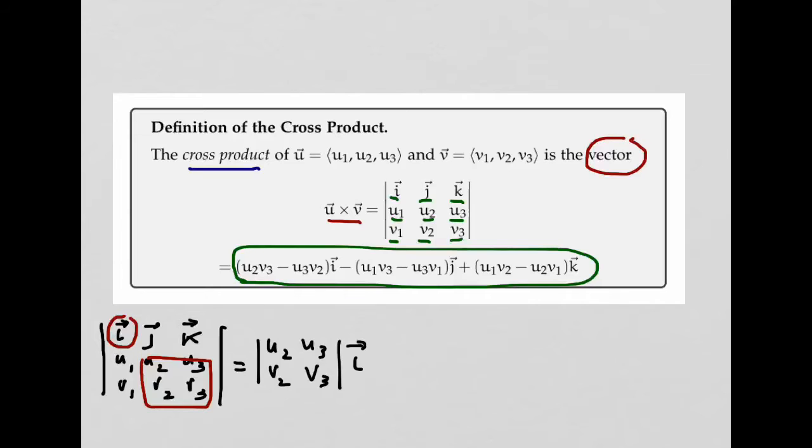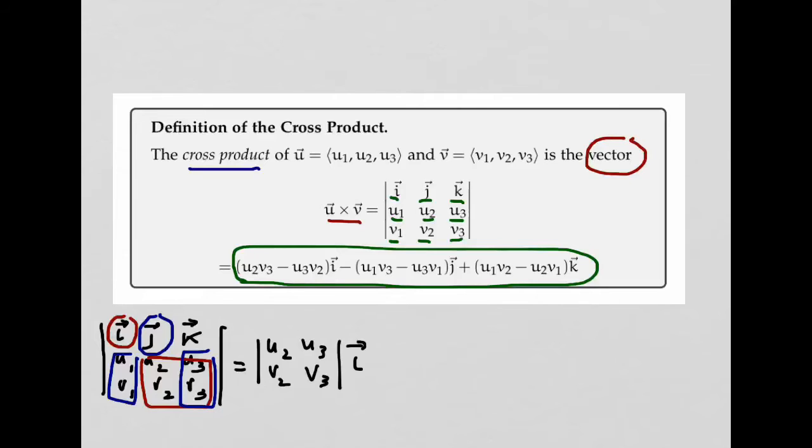The second step, I'm going to move along the first row to the second entry. This is the entry vector j. I'm going to cover everything in the row of j and everything in the column of j. I will be left with the 2 by 2 determinant u1, u3, v1, v3.